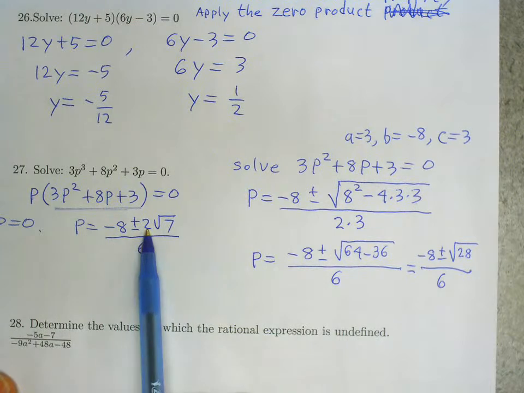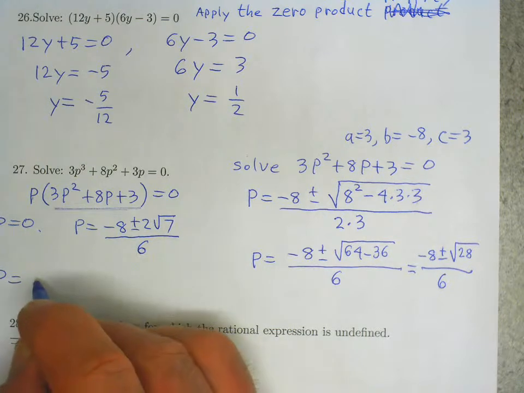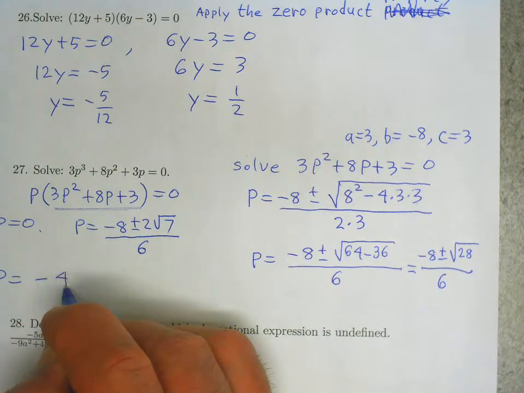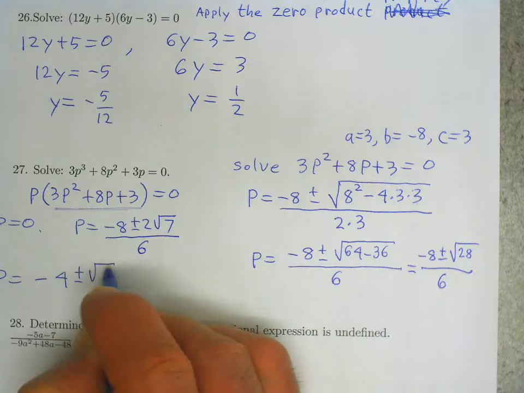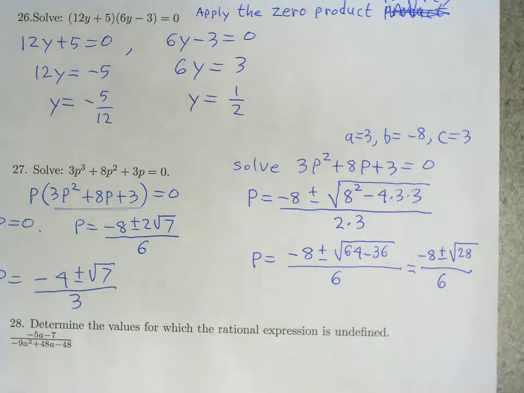Every term in the numerator has a common factor of 2, and the denominator has a factor of 2 also. So the other two solutions are negative 4 plus or minus the square root of 7, divided by 3.